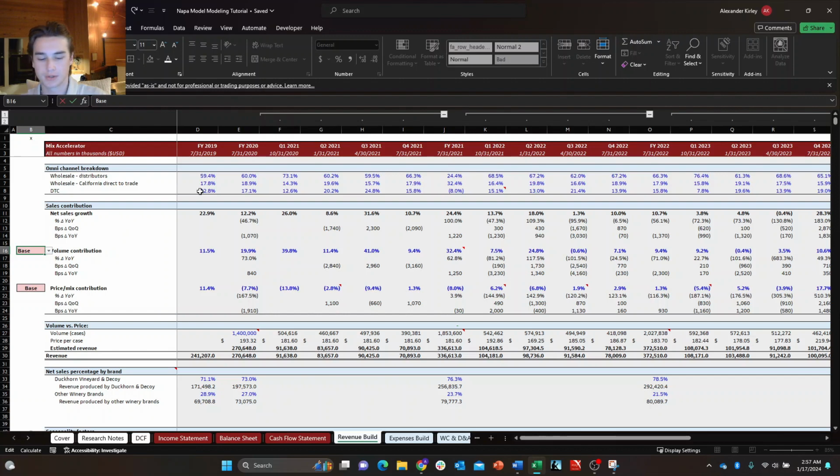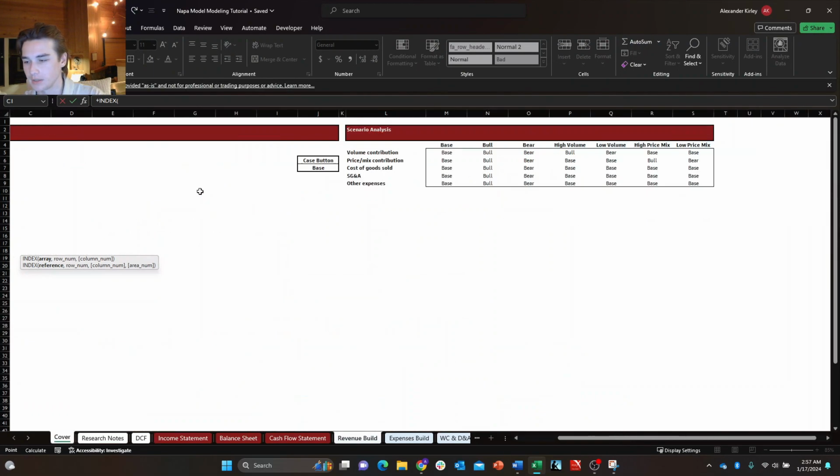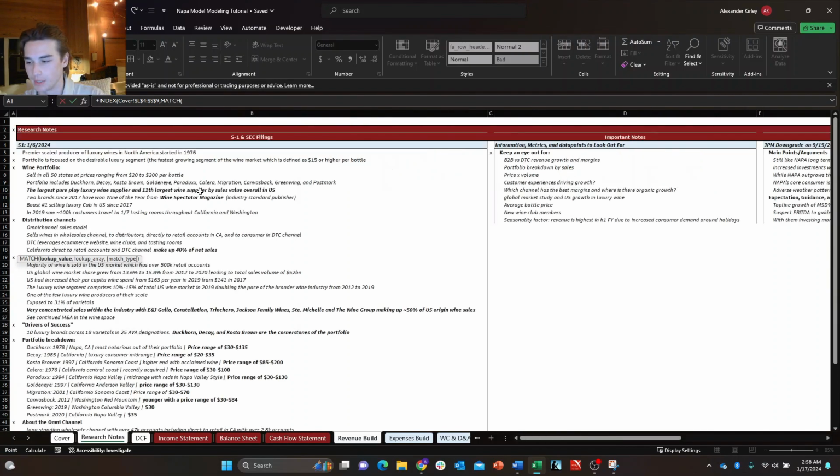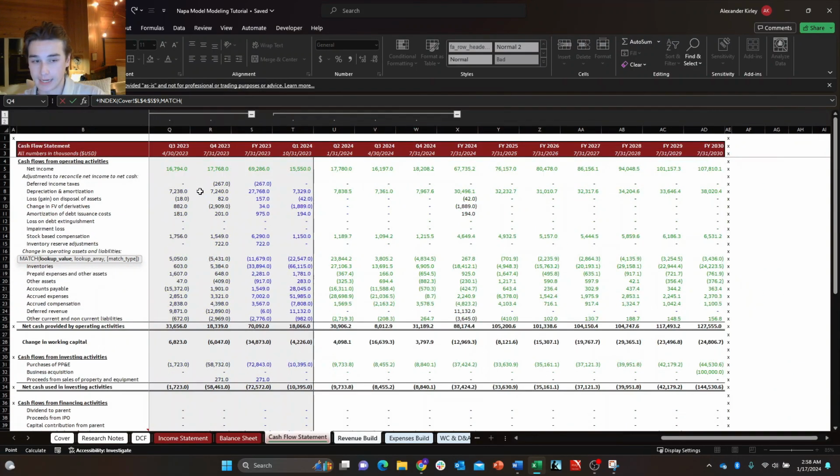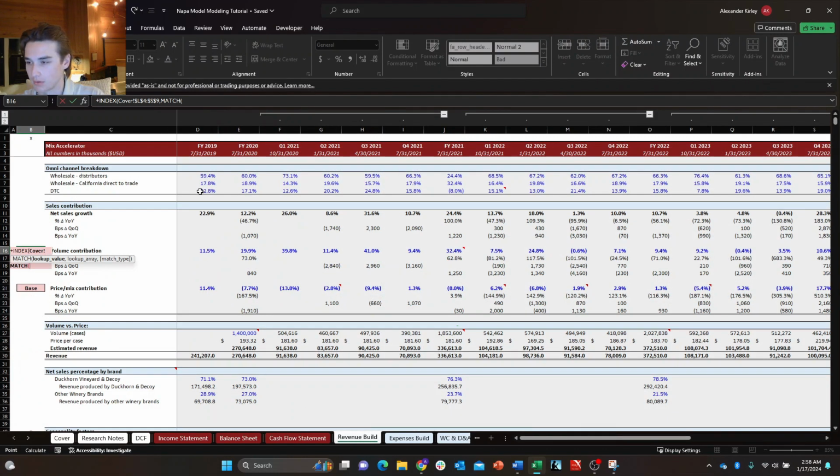So what we're going to do is equals index, and our index is going to be straight off of our cover of all of this. This is what we're looking for. We're going to fix it and move on to our first match. So what we want to do is match the line item with the column of possible line items.